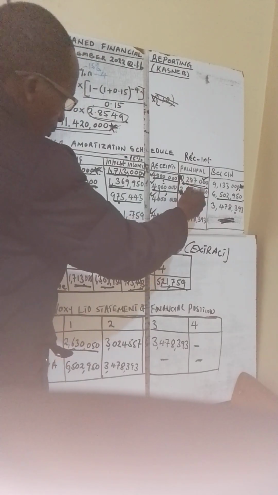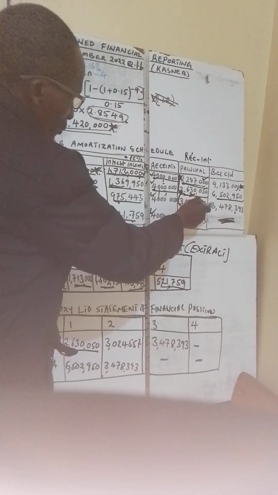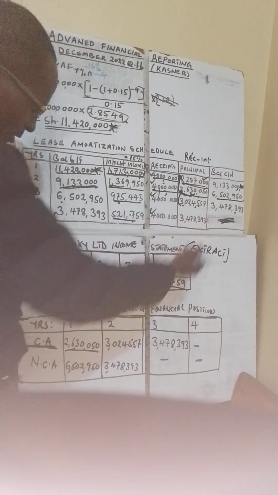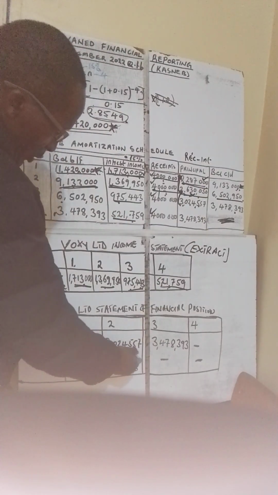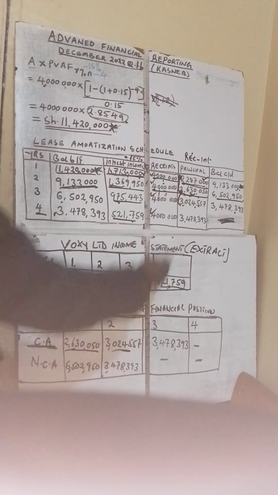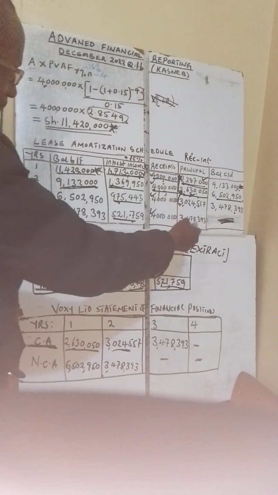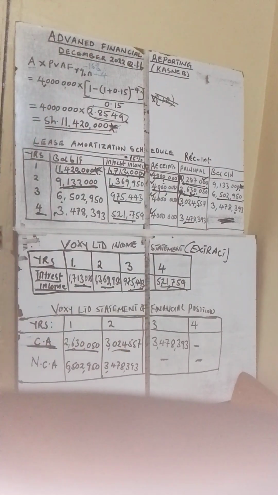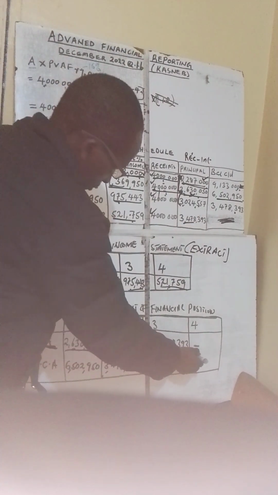Now the next will be principal for next year, 3,024,557, and then 3,478,393. This figure here.